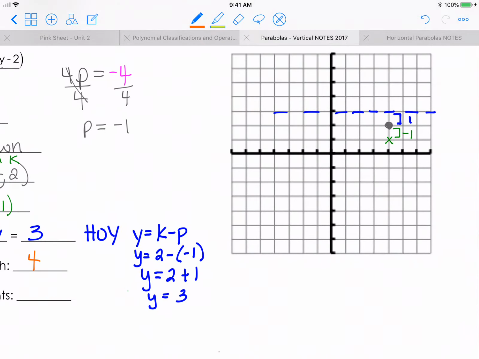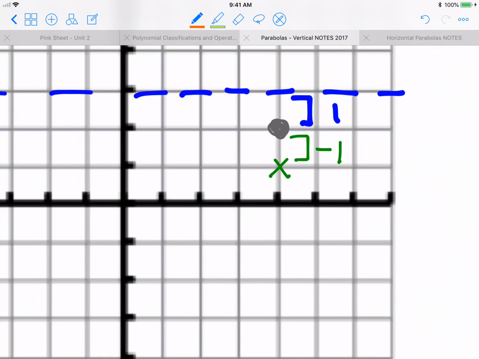So let's go over here, and we go to our focus, and that means the whole width. So this whole thing is going to be 4. So that means we've got to go 2 to the right and 2 to the left to get a focus width of 4. So we just graphed our endpoints.